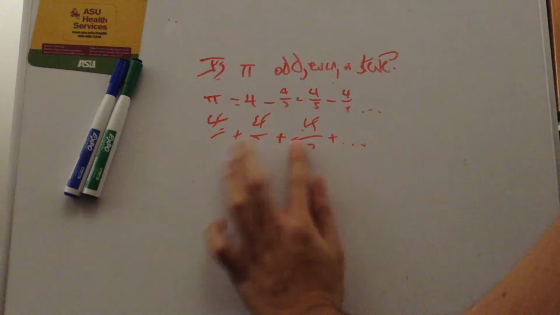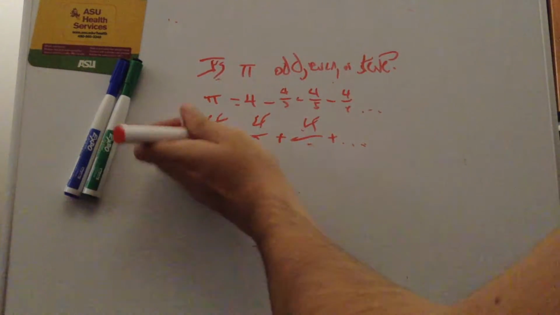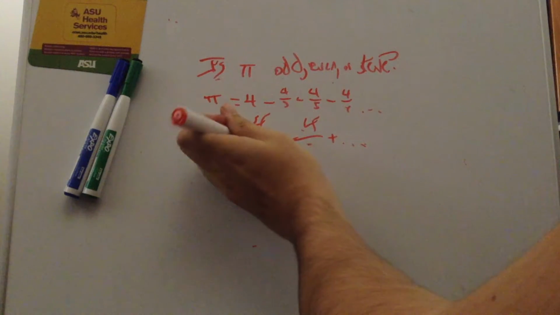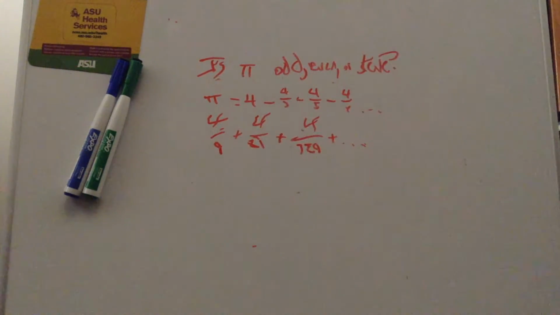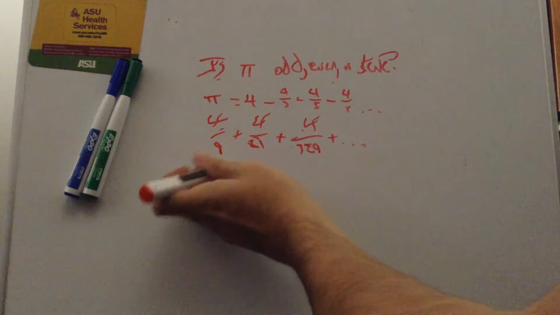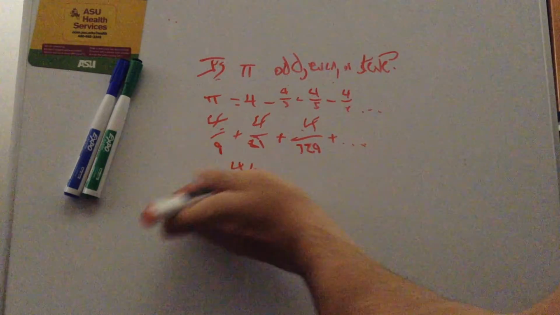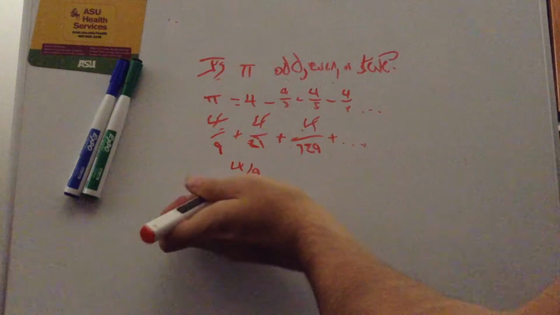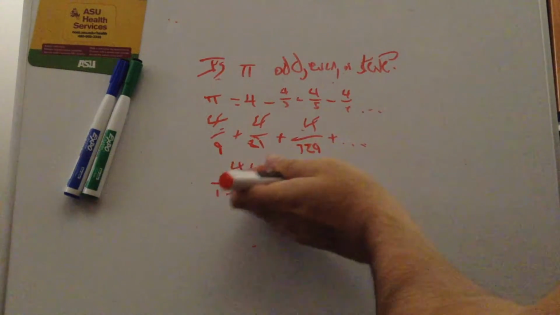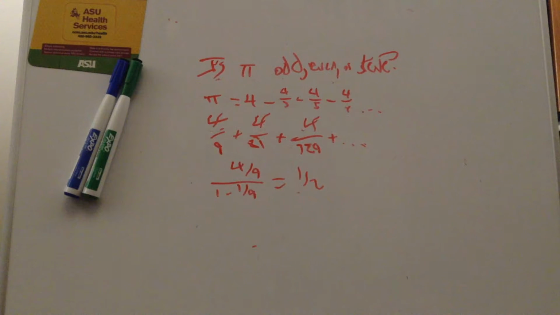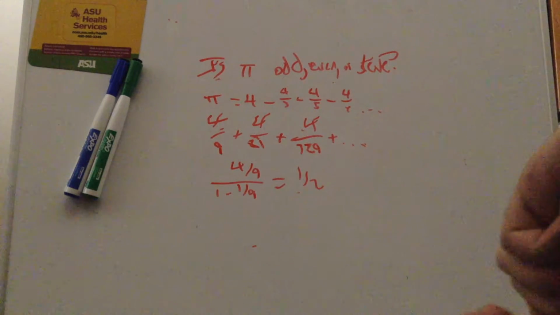Well, unfortunately, we have one last sum to test. 4/9 plus 4/81 plus 4/729. So, this starts with 4/9, 1 minus 1/9. 4/9 over 8/9 is 1/2, giving us a Steve. And this is just for geometric series that we're getting all these results.